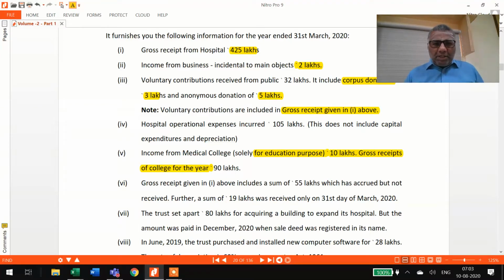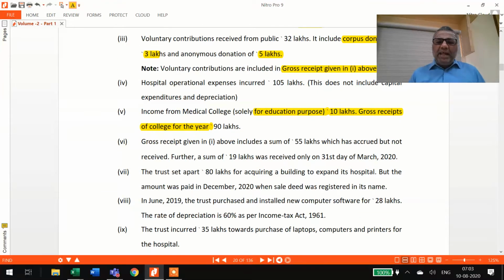Since the gross receipt has not exceeded 100, it is fully exempt. Included in this 425 lakhs is 55 lakhs accrued but not received, and a further 19 lakhs received only on the last day. The trust set apart 80 lakhs for acquiring a building to expand its hospital, but the amount was paid in December 2020 when the sale deed was registered.